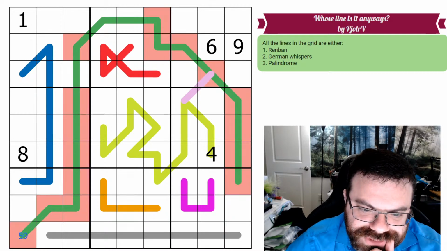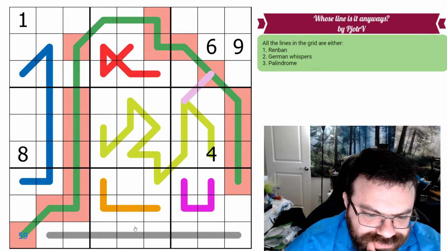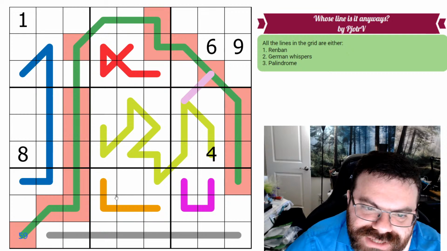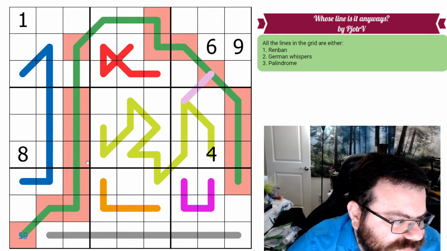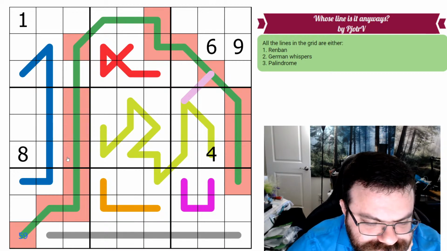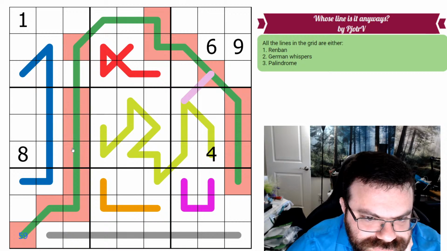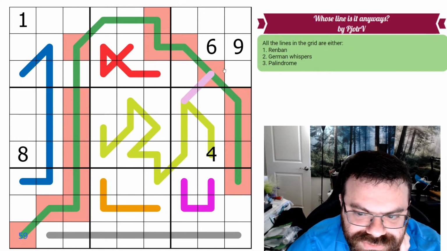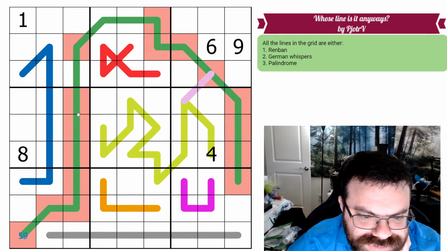Let's just mark these red for a second. So if green is a palindrome, none of the red ones can be 9. Does that limit 9s in a way that doesn't seem to?